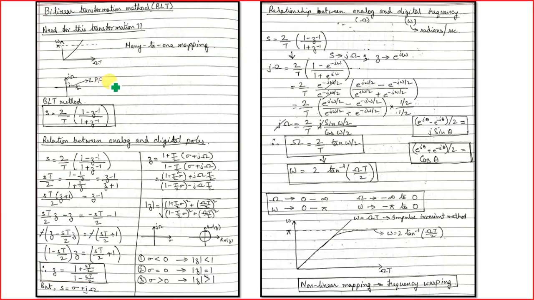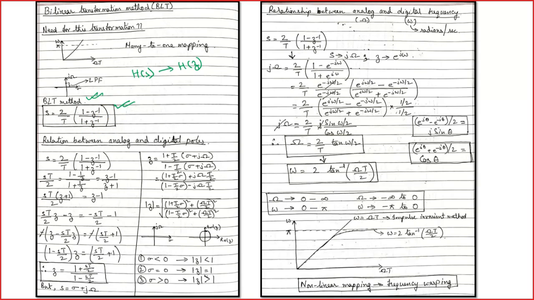What does the bilinear transform method say? It says that for changing an analog filter which has a transfer function of H(s) to a digital filter which will have a transfer function of H(z), we have to put s equals 2 by T multiplied by (1 minus z inverse) divided by (1 plus z inverse).